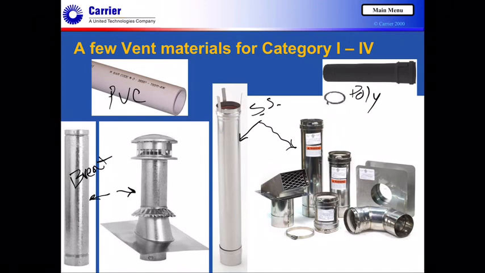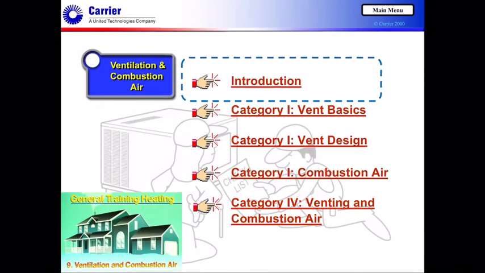That polypropylene pipe is typically what we would associate using for a category 4 boiler, simply because boilers can run fairly high temps in the discharge of those gases. So you could easily see temperatures well above what is acceptable for a PVC vented system. So the choices are essentially either a poly pipe or a stainless steel pipe. And the poly pipe is a little bit easier to work with and much less expensive in many cases.